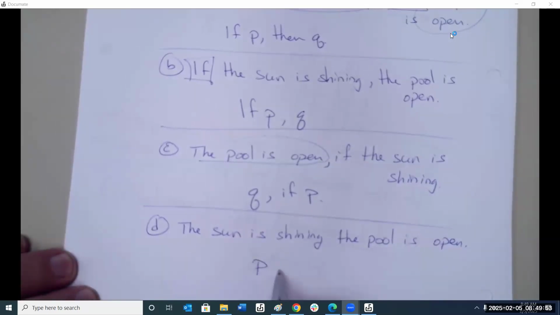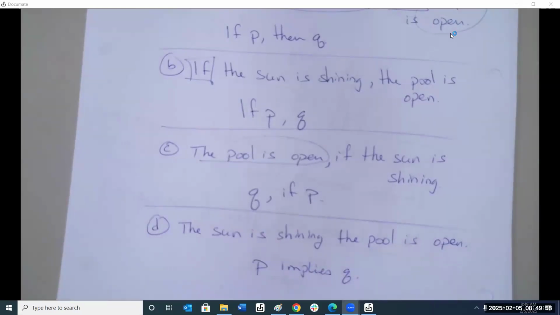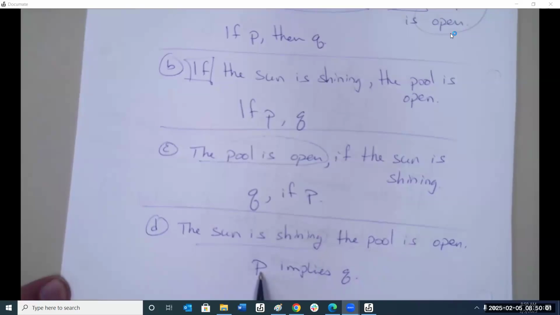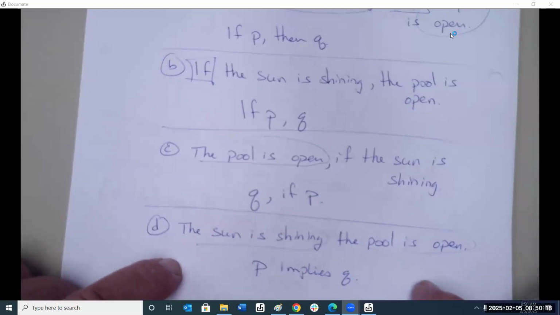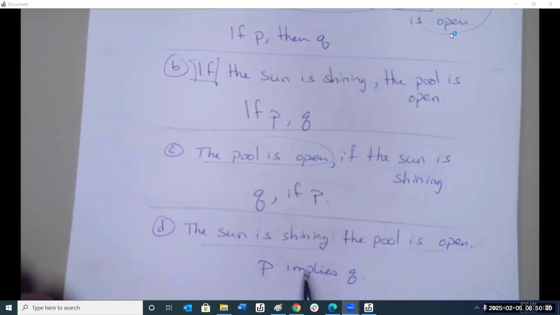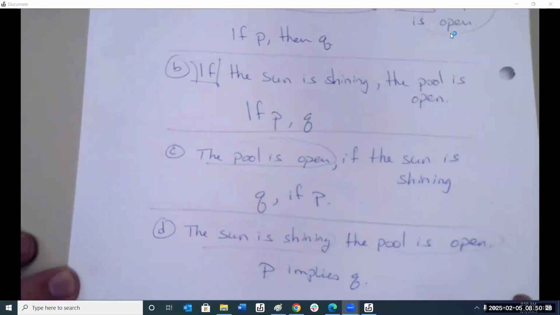So what this says is P implies Q. The sun is shining, that's P. The pool is open. Think about it. If you said it's after 6 o'clock, the movie theater is open. Or it's 7 o'clock, the show is starting. That's the same thing. Since it's 7 o'clock, that implies the show is about to start, even though the if-then part is not stated explicitly.